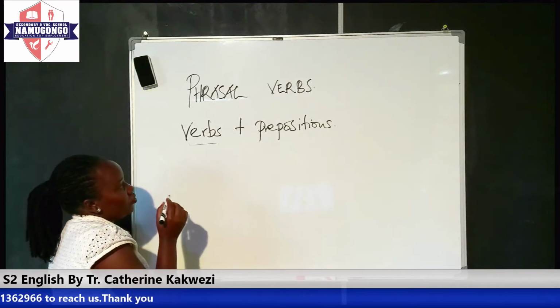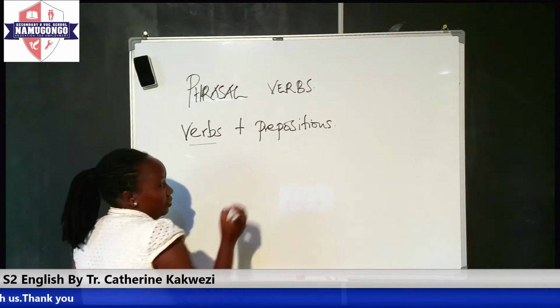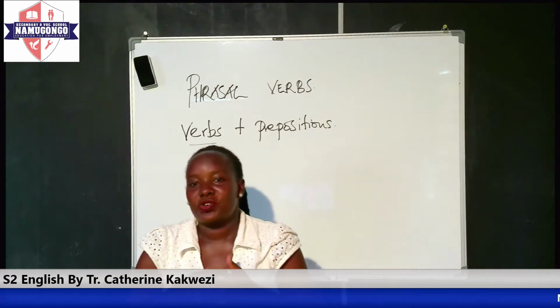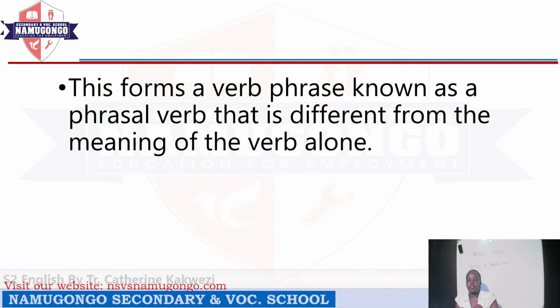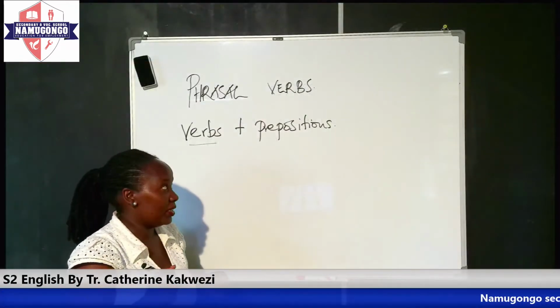So a phrasal verb must be a verb plus a preposition. Are we together? So as you can see on the screen there, this means that when we are talking about phrasal verbs, this forms a verb phrase known as a phrasal verb that is different from the meaning of the verb alone. I hope we are together.